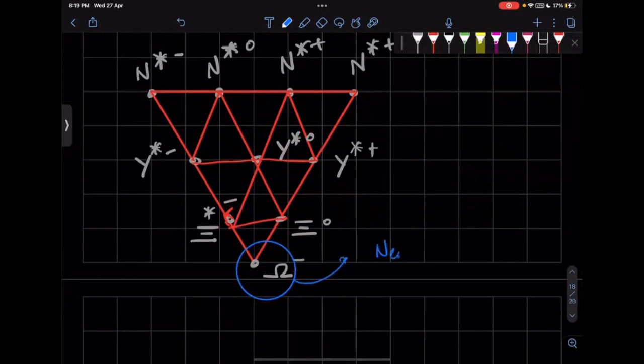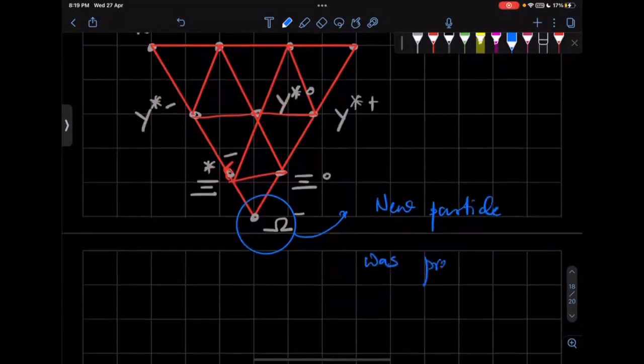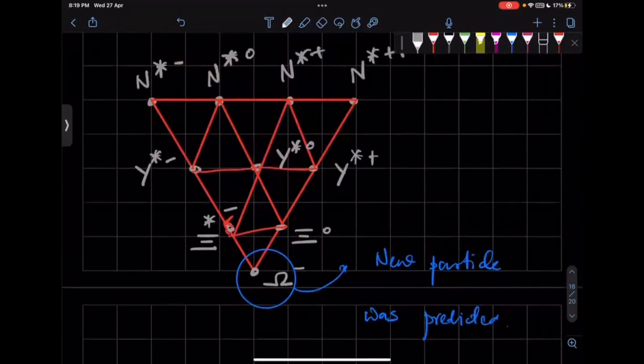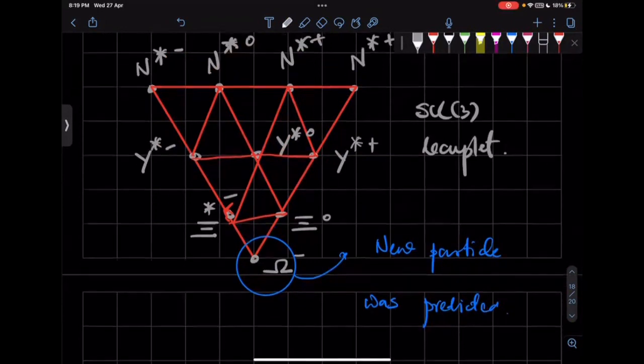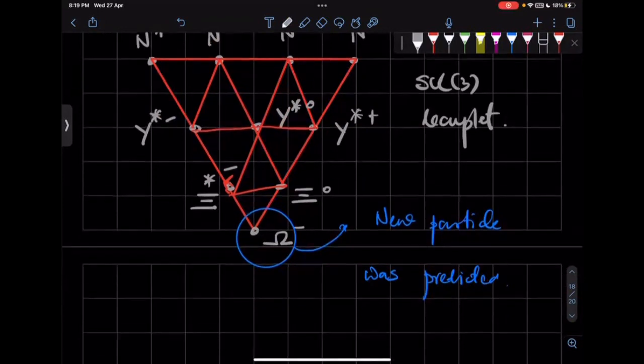A new particle, the omega, was predicted. So this is the SU3 decuplet. And sure enough, this was found soon afterwards, and Gell-Mann got the Nobel Prize.